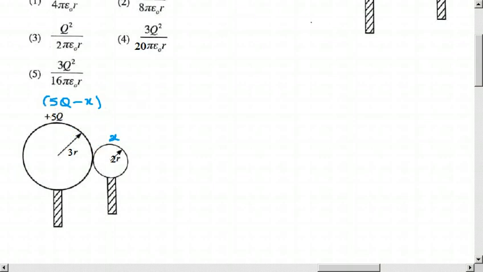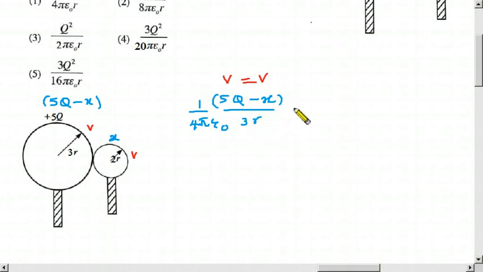After touching, the voltages are equal. So 3r equals x divided by 2r.